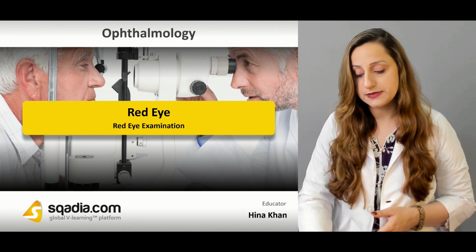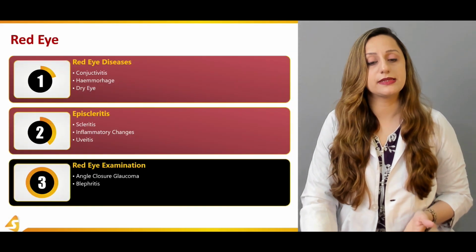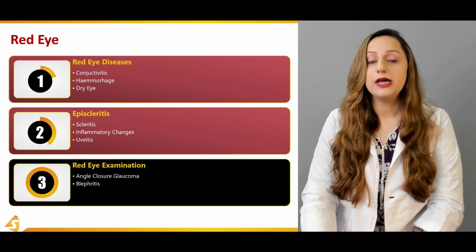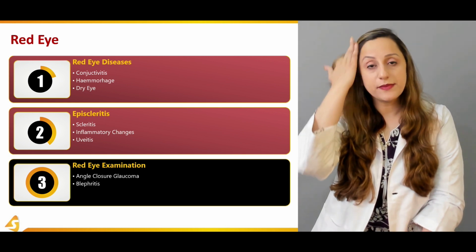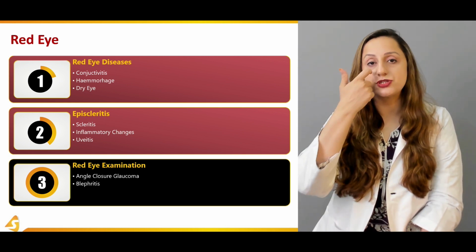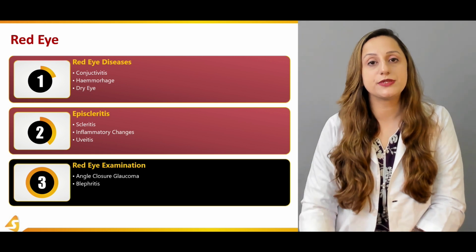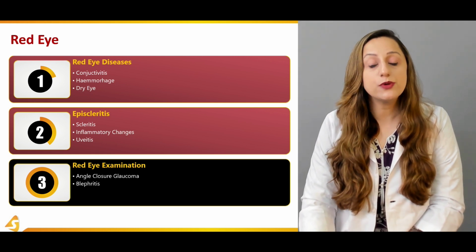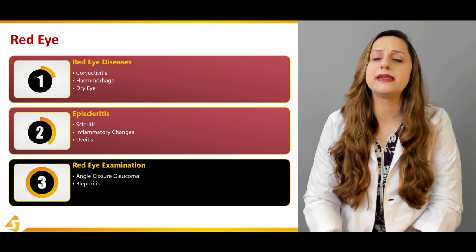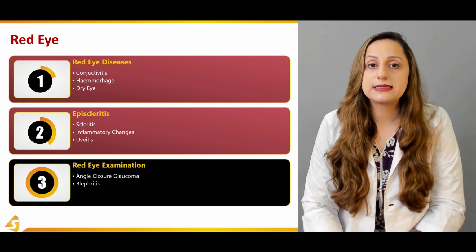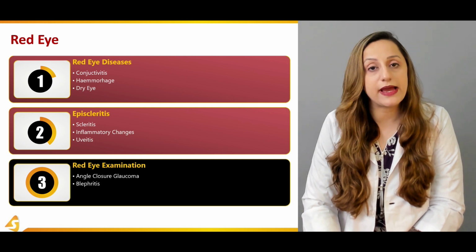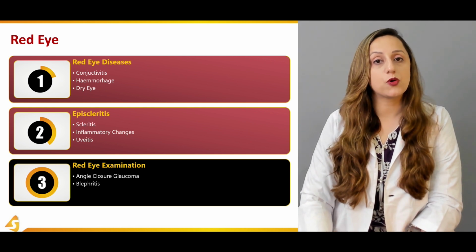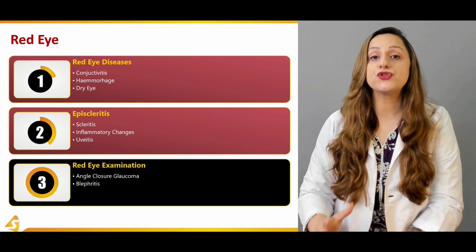So in this section, we're going to deal with the different clinical examinations that we're going to perform in a patient, and the typical pictures that we usually observe in a patient with a red eye, and how we're going to reach a conclusion whether it is a benign disorder, such as conjunctivitis, episcleritis, scleritis, uveitis, blepharitis, or a vision-threatening disorder.